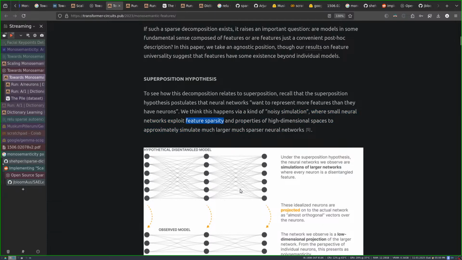The features are sparse. I don't know what that means.